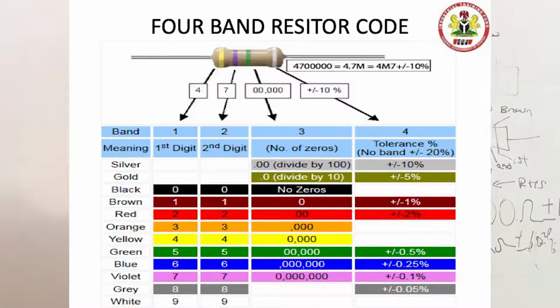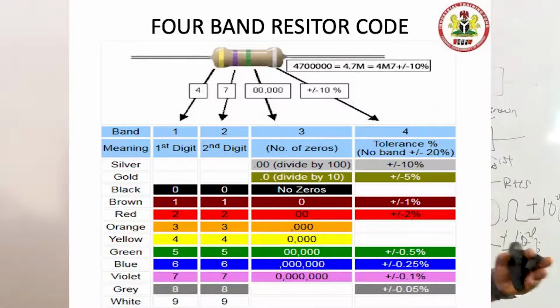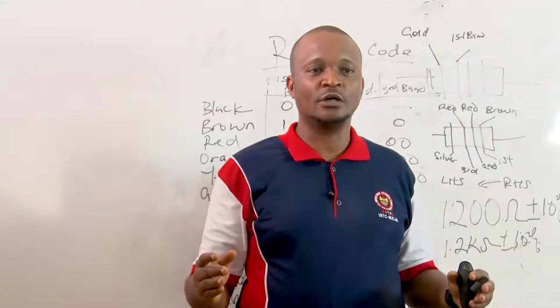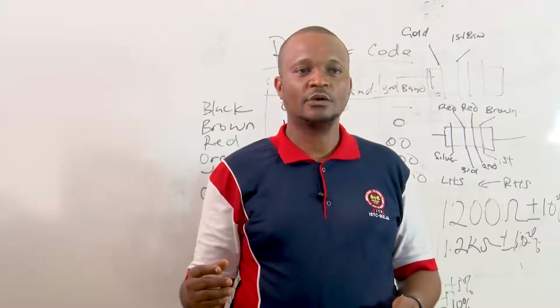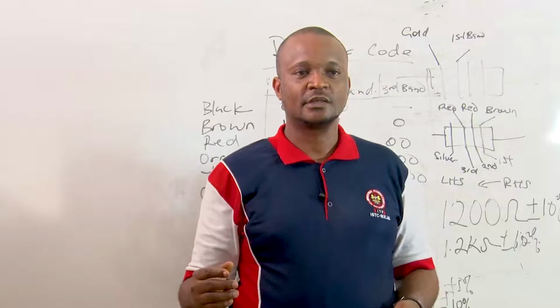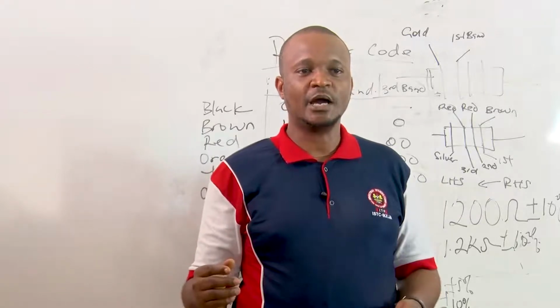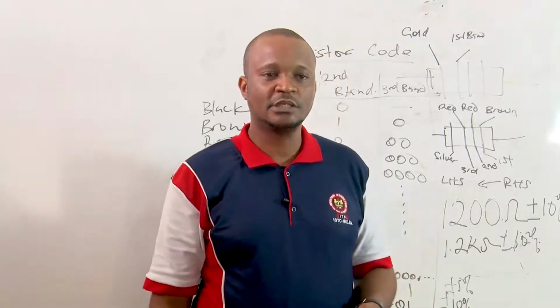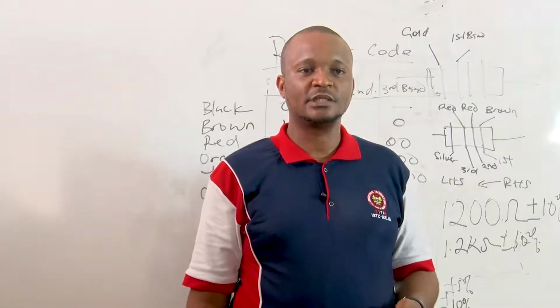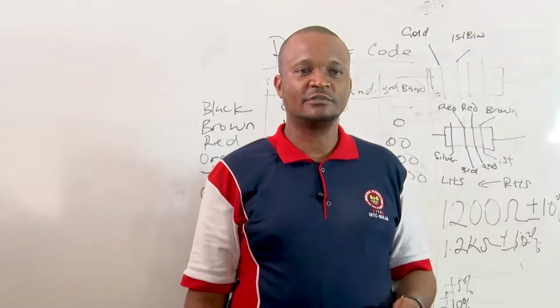The left-hand side is yellow, so that's our first band. Yellow is 4. The second band is violet, which is the second digit, number 7.